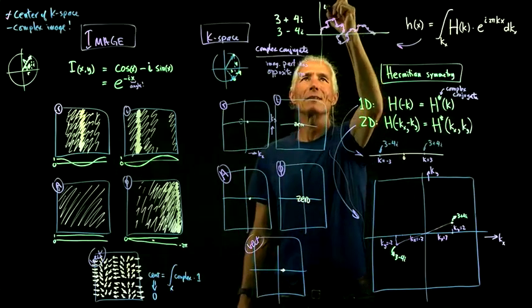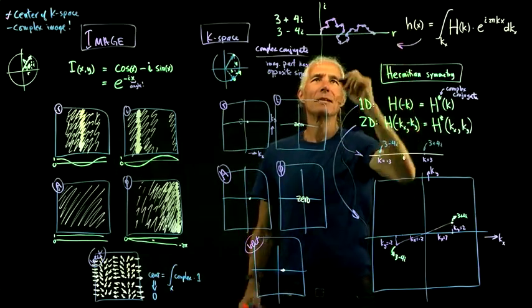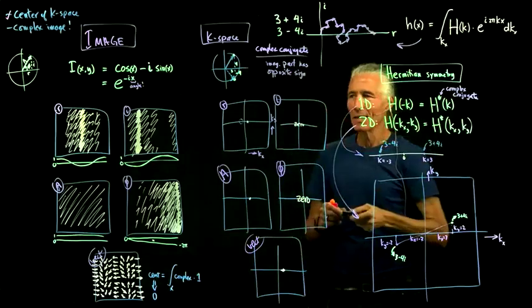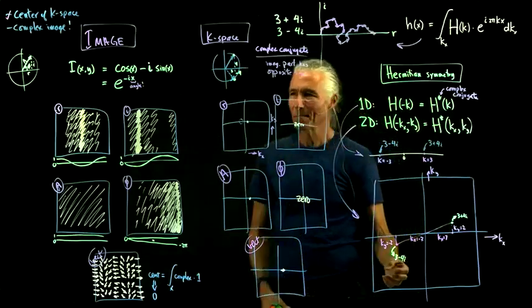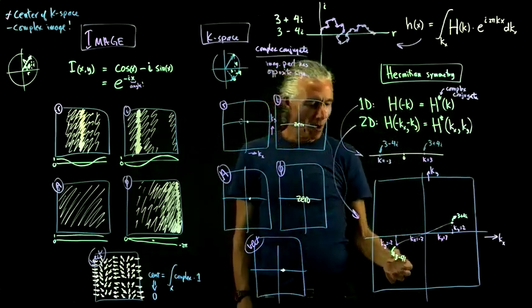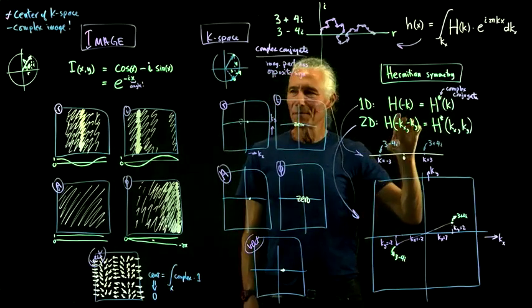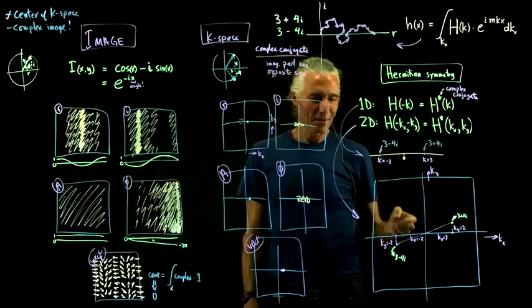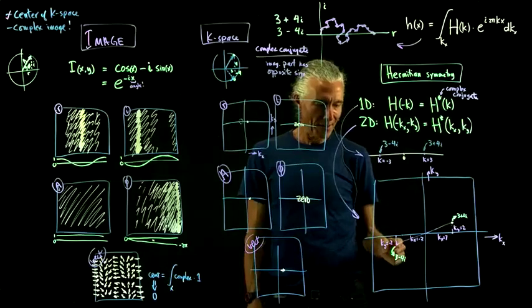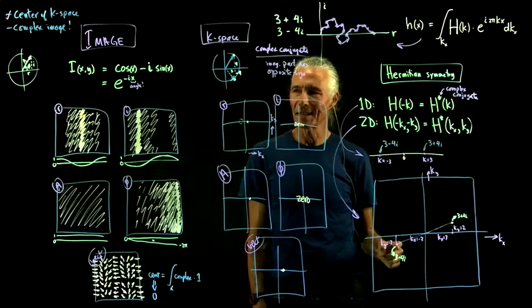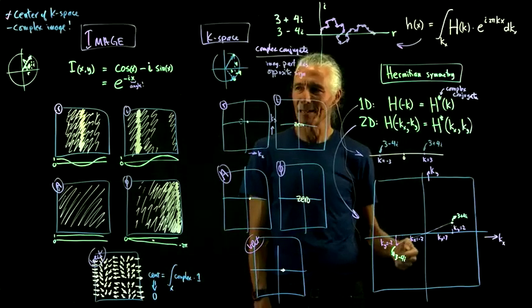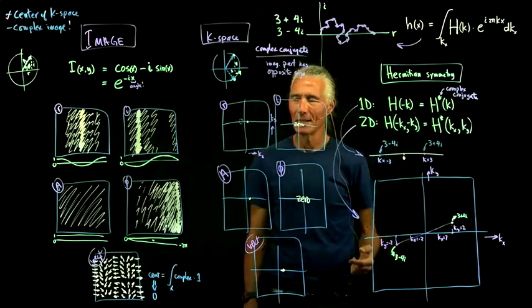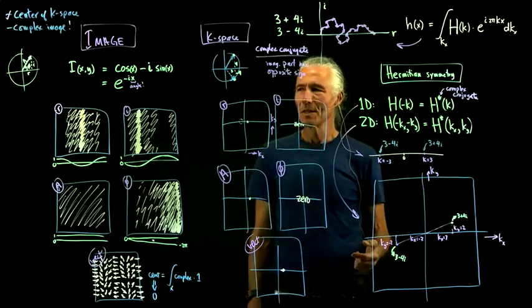So here's the imaginary axis, and here's the real component. And why does that happen? It happens because we always are guaranteed that the negative frequencies are going to have a number at that negative frequency spot that has an opposite sign to the imaginary part.